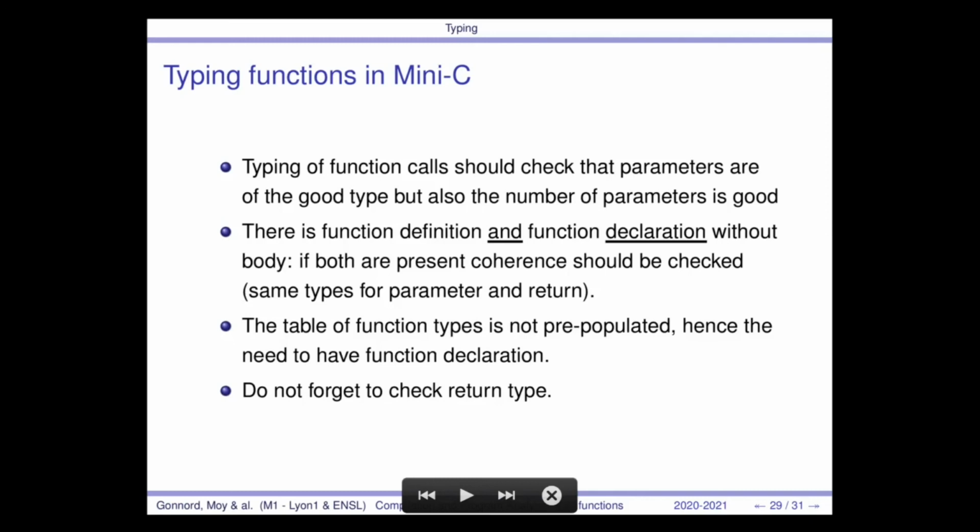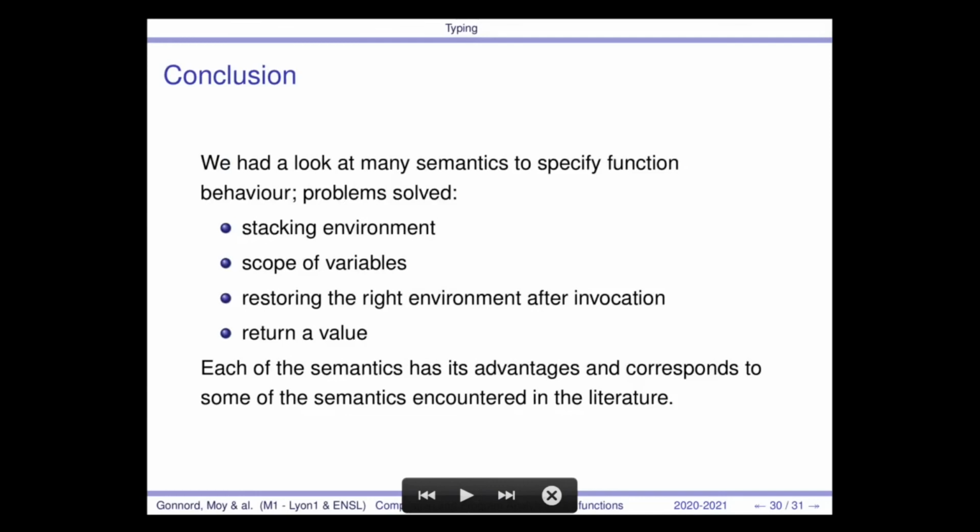As we have this possibility, we don't need to pre-populate the table of function types. We can just build it as we go through the program. And of course, you shouldn't forget to check the return type, and in particular, the place where the function is called.